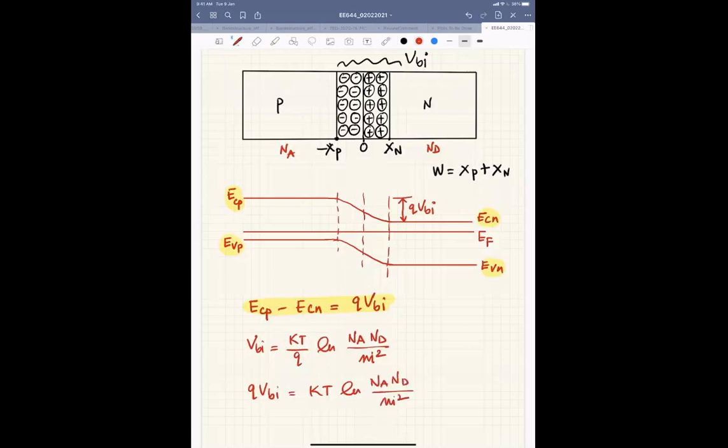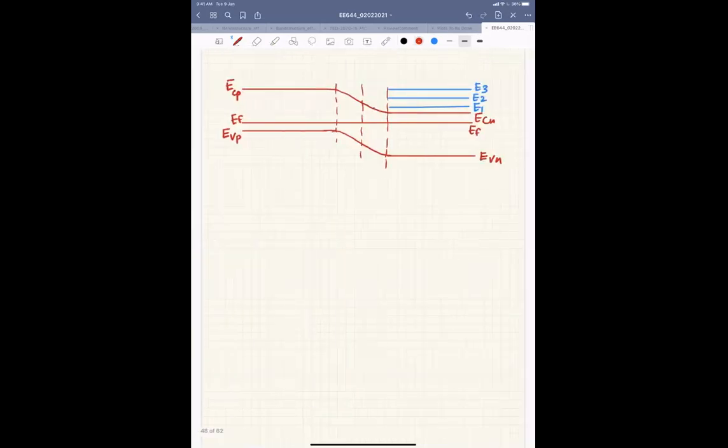All right. So now let's discuss something. Let's look at the conduction band of the N side, where I have marked three energy levels E1, E2, E3.